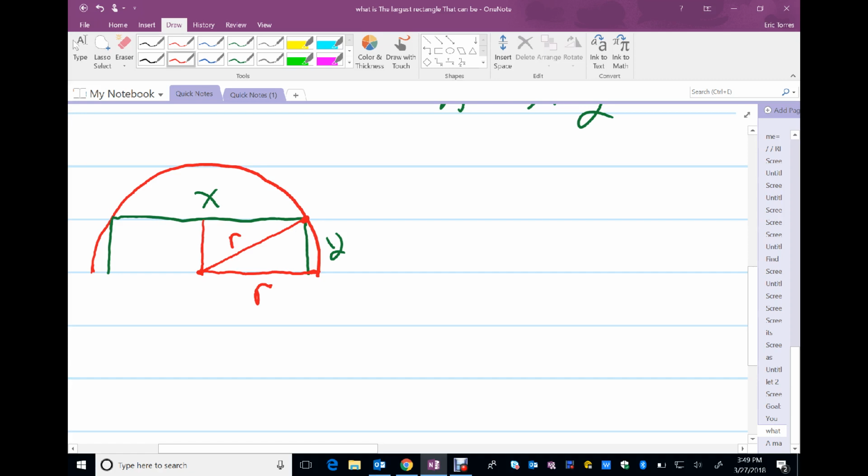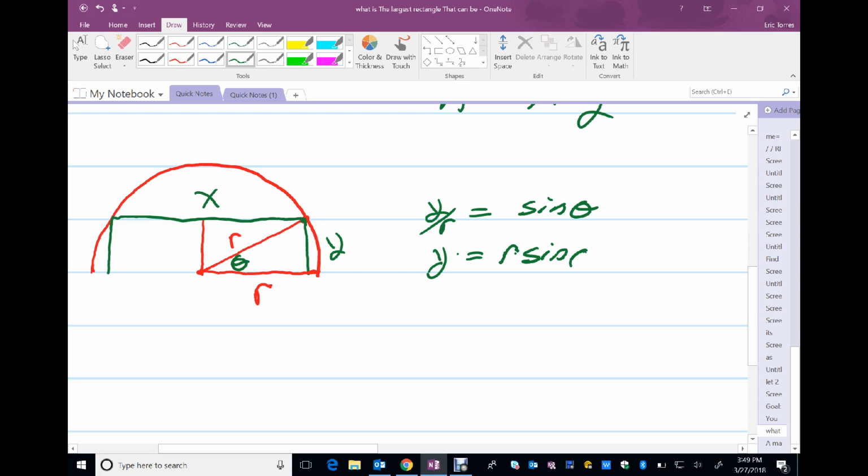Now, I am going to use some trigonometry here and introduce a new variable, theta. There's a reason. Y over r equals the sine of theta, or y equals r times the sine of theta.